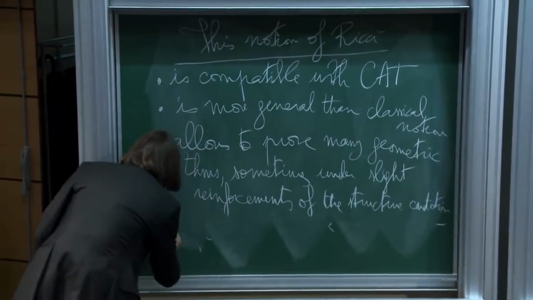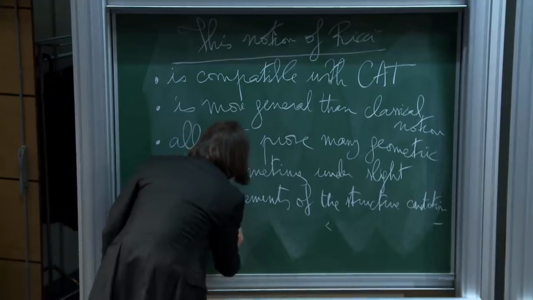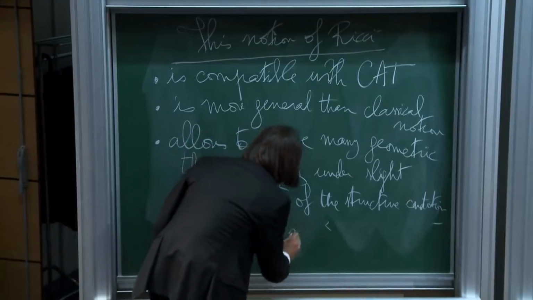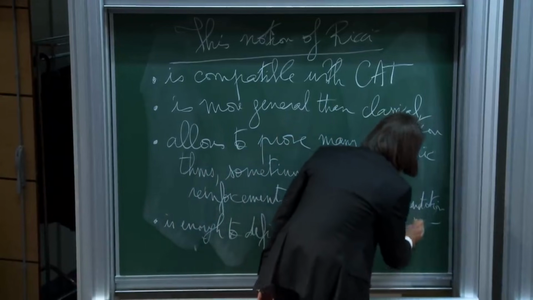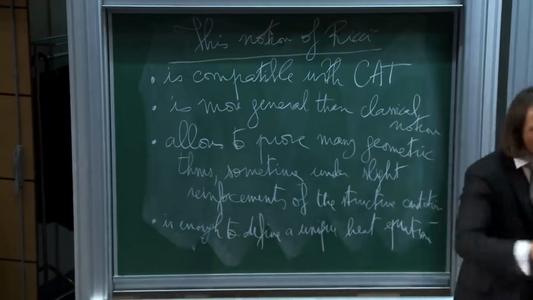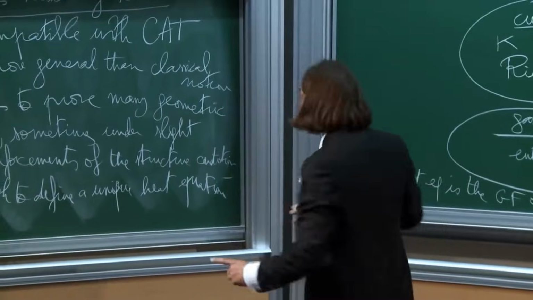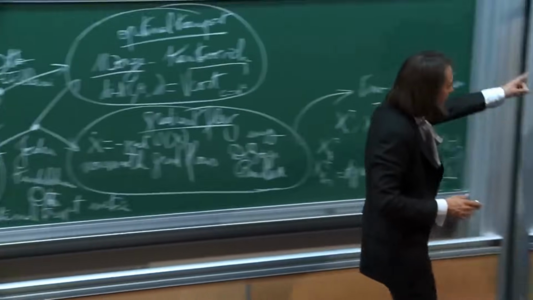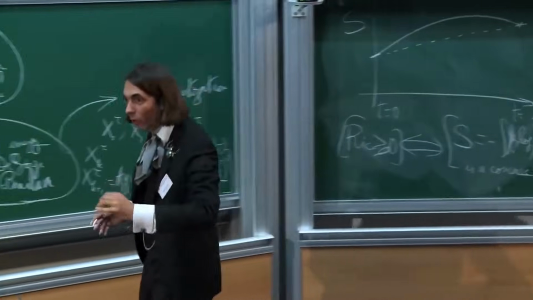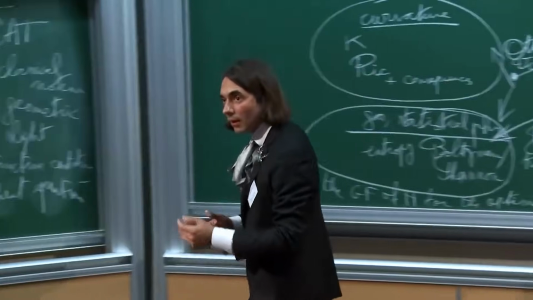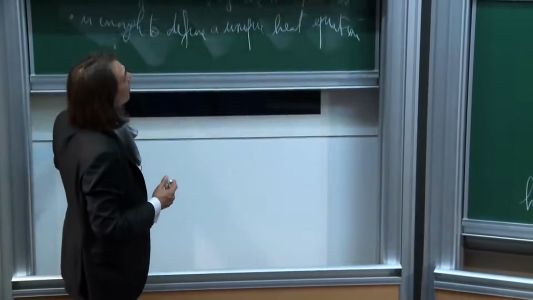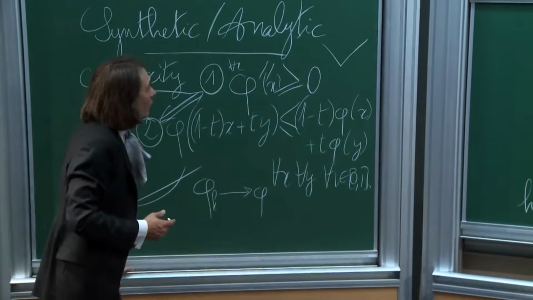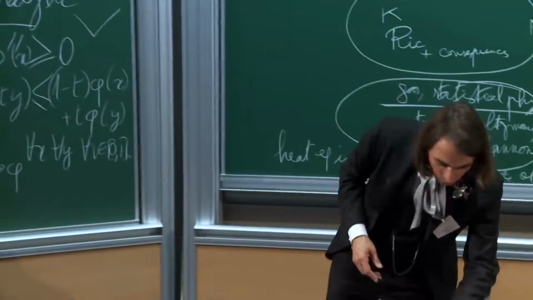It is enough to define a unique gradient flow, a unique heat equation. So if you have a space which is as horrible as you may imagine, and you know nothing about how wild it is, if you know that Ricci is bounded from below in this sense, then you know it has a unique heat flow on it, and you can do some calculus in it. It's in general nonlinear, this heat flow, but if you impose an extra Hilbert space condition on the Sobolev space, some extra condition, it becomes a linear flow.